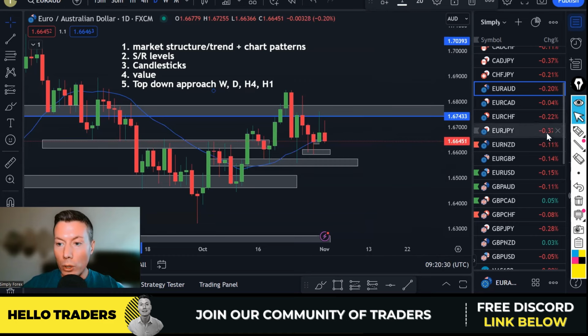But euro Aussie dollar. Okay, so I look at market structure. We're in an uptrend. Tick. I like the uptrend. I look at support and resistance levels. We know this is a resistance level. Do I want to buy into that?